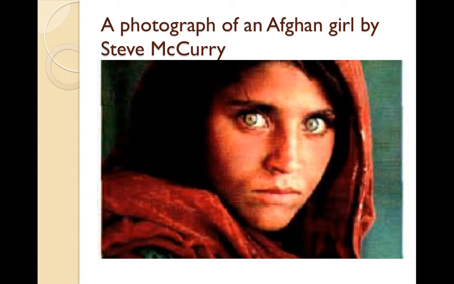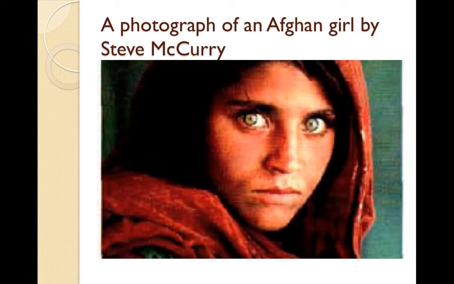Here are some more pictures from our textbook. This is a photograph of an Afghan girl, taken by Steve McCurry. He might want to express or show something behind the photograph.